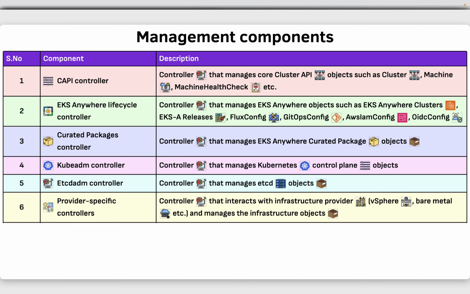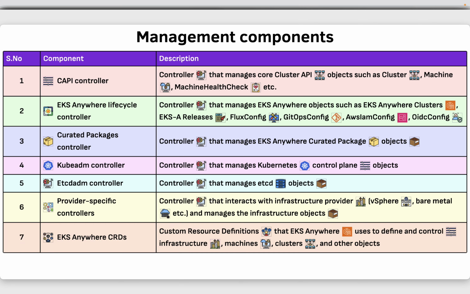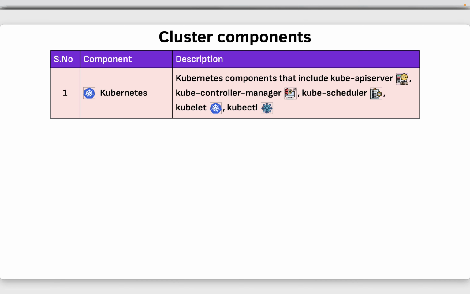And we have some provider specific controllers, and these controllers interact with the infrastructure provider like vSphere, Bare Metal, etc. that manages the infrastructure objects. Then we have EKS Anywhere custom resource definitions, CRDs, and these custom resource definitions EKS Anywhere uses to define and control infrastructure, machines, clusters, and any other objects.